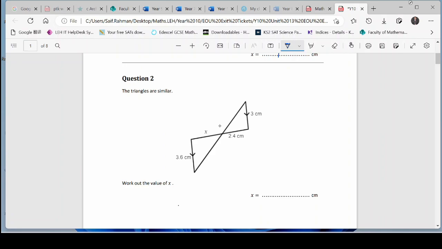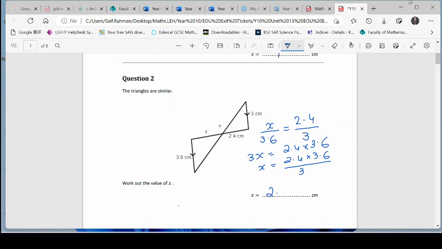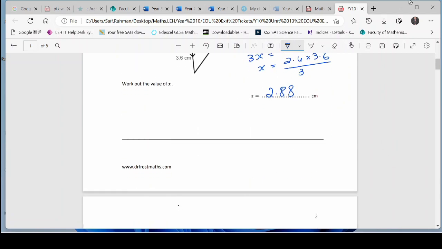So here what we can do is x divided by 3.6 is equal to 2.4 divided by 3. So the same rule applies. 3x is equal to 2.4 times 3.6, and x is equal to 2.4 times 3.6 divided by 3. 2.88. So the x is 2.88.